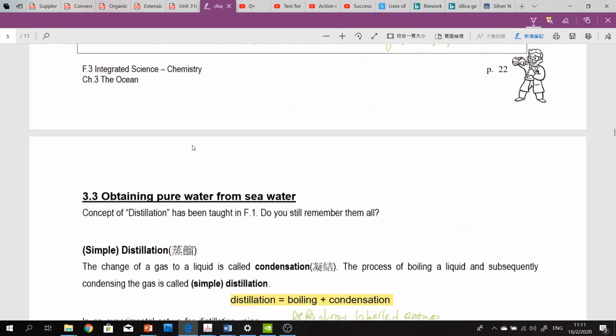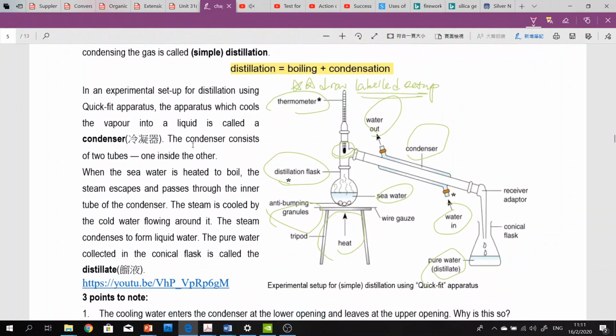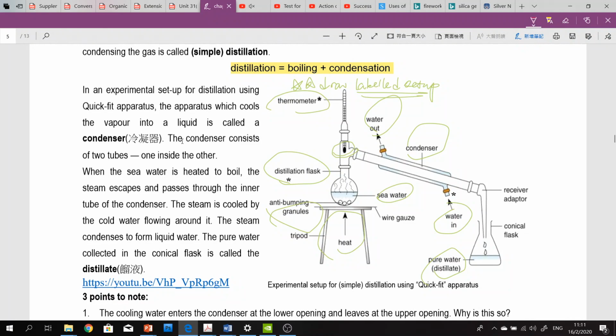This is simple distillation. We would like you to take a look at two setups: one using quick fit apparatus and one using simple apparatus. The quick fit apparatus seems more sophisticated, but you will learn some of it in Form 1.